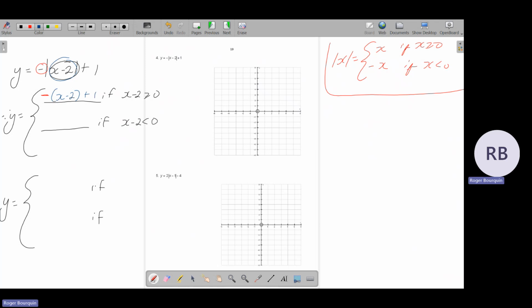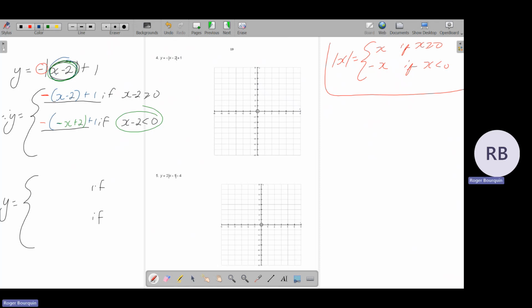But if what's inside is less than 0, then what changes? What changes is what's inside the absolute value, right? Again, I'm still going to have this negative here, but now what's inside the absolute value is going to become negative x plus 2. The plus 1 is unaffected.